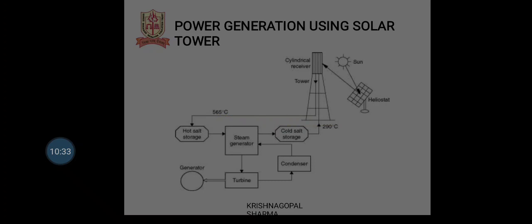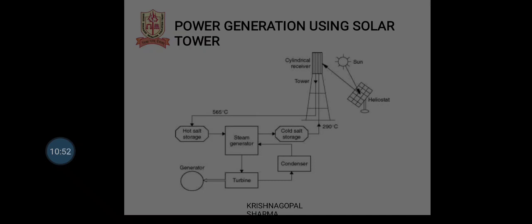This is the schematic diagram of power generation using a solar tower. The sun rays fall on the heliostat, which is a mirror adjusted to the cylindrical receiver which receives the rays.